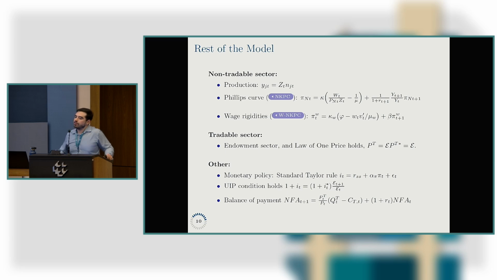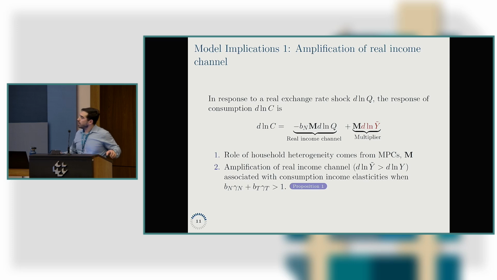Then monetary policy is governed by a standard Taylor rule that only depends on prices. A UIP condition also holds. So this is the most simple version of any small open economy model. Now I will show you some results of the model.